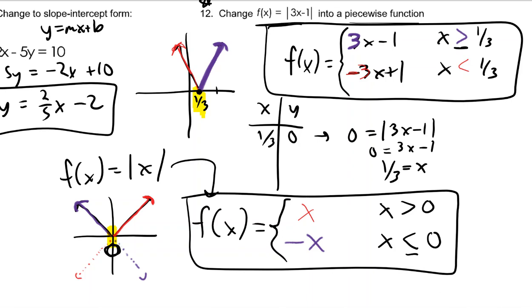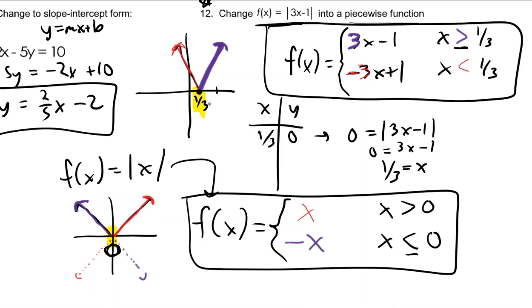So it's kind of formulaic how to come up with the answers. One of your functions comes from what's under the absolute value function. The other function is the opposite, so multiplying it by a negative. We can see it, it's a lot easier to see here than it is here, but that's how that would work. And then you got to make sure that you keep the right part of each line. So think about where they're handing off, which is the x-intercept. Very easy to see here because we have this graph memorized.